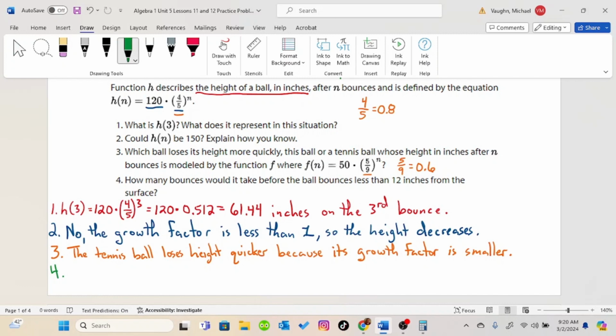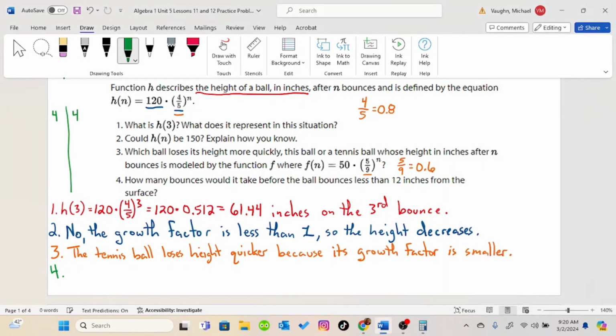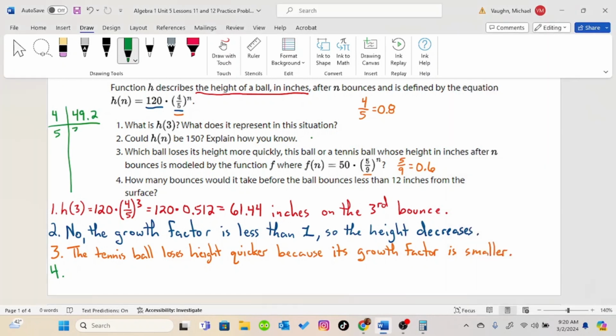So we could make a table, and I'm going to start it with the fourth bounce. We'll say 61.44, and now we're going to multiply by 0.8. Now we're at 49.2. We're not there yet. So now let's check the fifth. We'll just multiply this by 0.8. And we're down to 39.3.